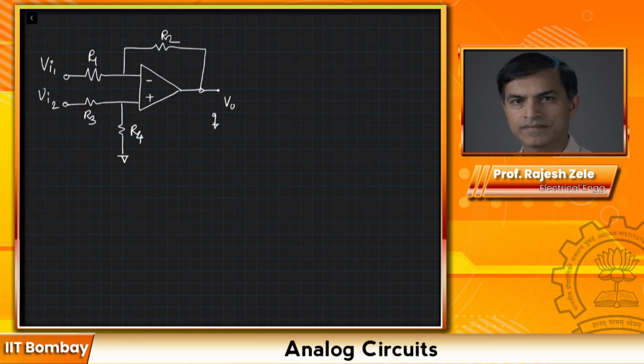First let's just apply Vi1 and keep Vi2 equal to 0, then you can quickly see that Vo is equal to minus R2 divided by R1 times Vi1. Straightforward.